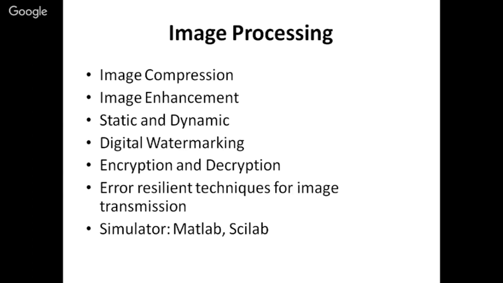Another area is image processing, in which researchers can do their research. It is also one of the key areas in which people are doing research. The major focus nowadays is how we can improve our agriculture or crops. We take photographs from satellites, then we analyze those pictures, and accordingly we take decisions.